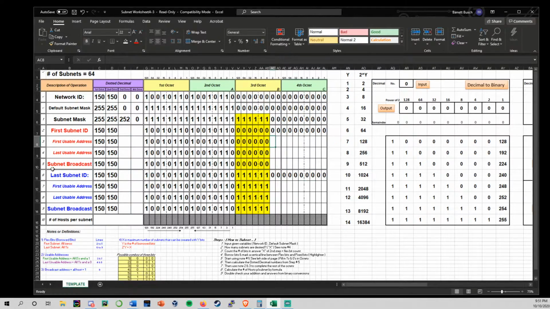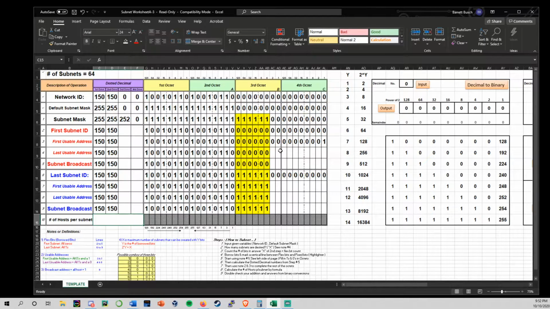Okay, so back to the first usable address. So this is going to be all zeros followed by a 1, which makes sense because, you know, the first usable address needs to be the first bit turned on. There are 2 addresses saved for the first subnet ID and the subnet broadcast. And that's something that we'll talk about in a moment when we're figuring out how many hosts per subnet.